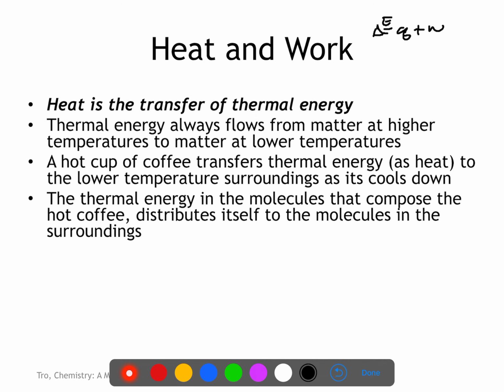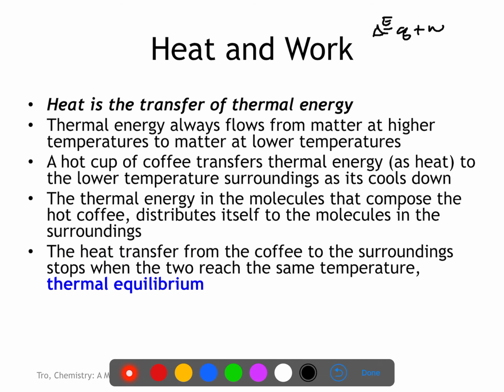The thermal energy in the molecules that compose the hot coffee distributes itself to the molecules in the surroundings. The heat transfer from the coffee to the surroundings stops when the two reach the same temperature, thermal equilibrium.